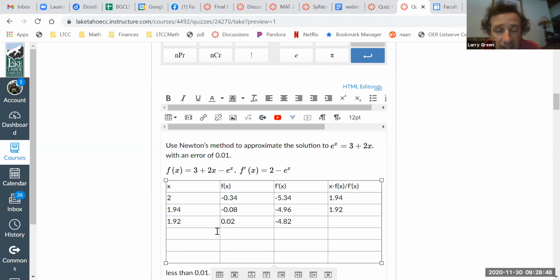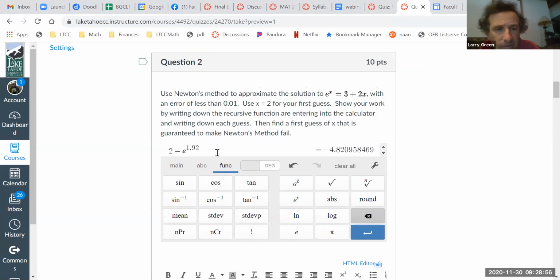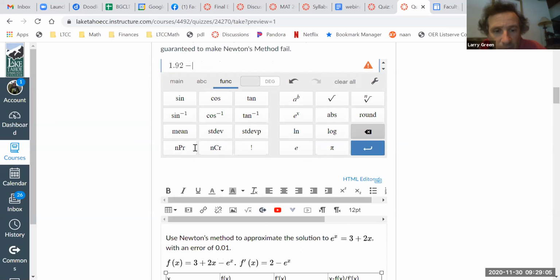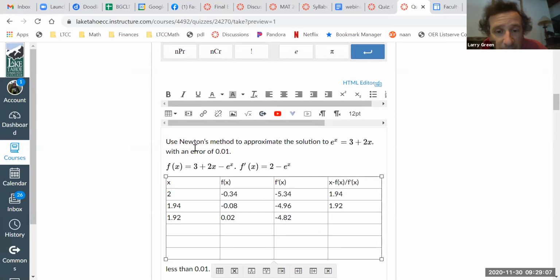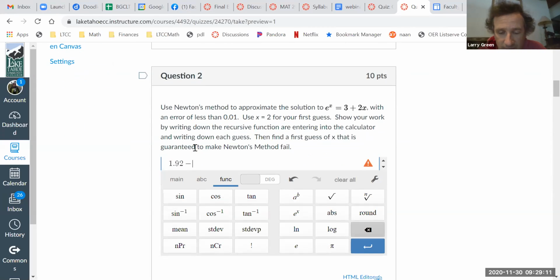And then if we plug in 1.92 minus 0.02 over negative 4.82, so it's 1.92, minus a minus, that's a plus, 0.02 over 4.82.